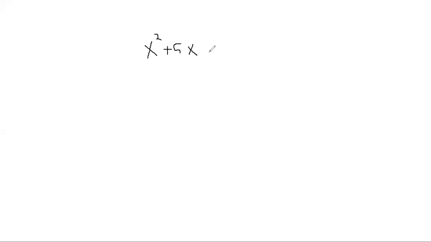x squared plus 5x plus 6, okay? So we said that we have two brackets like this. x squared, you can factorize it as x multiplied by x, to put it here.